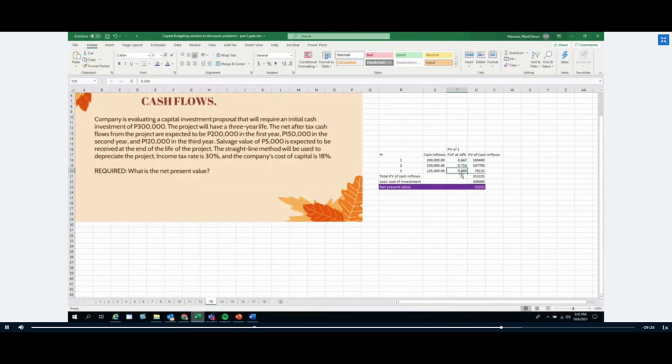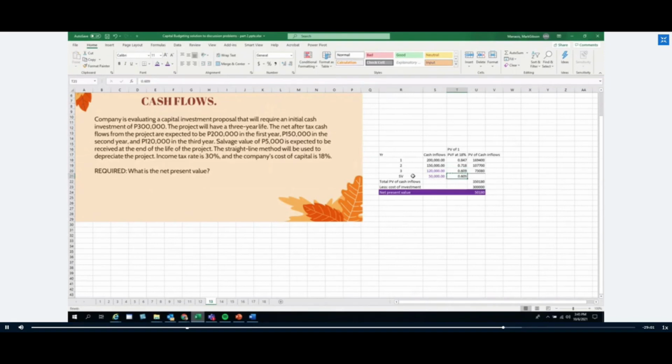Pero tandaan class, pansinin mo 'tong sa year 3. Kasi yung year 3 pwede natin i-present ng ganito, no? Cash inflow of 120,000. And then lagay natin dito yung salvage value. Salvage value of 5,000. This is 120,000. Pero same yung factor, no?